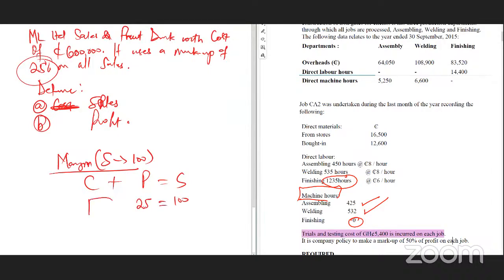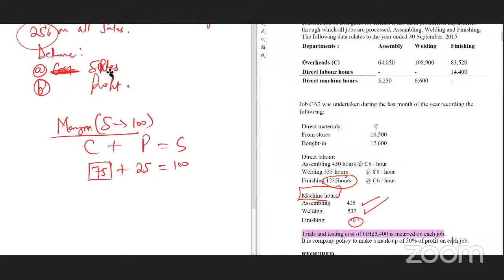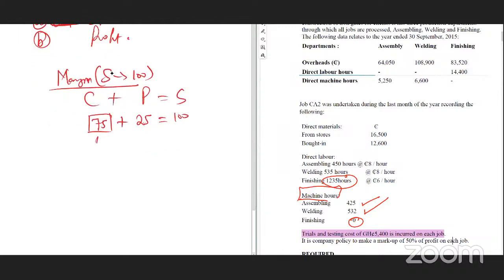So you are saying box plus 25 equals 100. What is box? Primary school maths, right? So that means box should be equivalent to 75, not so. So that means this 600,000 cost is equivalent to 75%, right? So we are finding this, which we don't know.